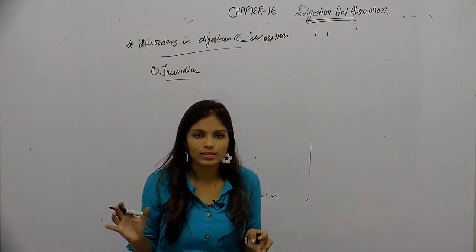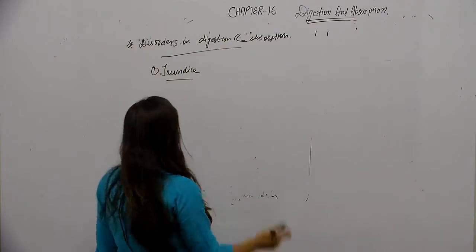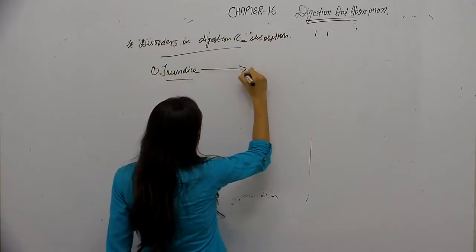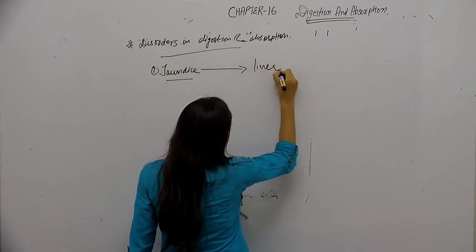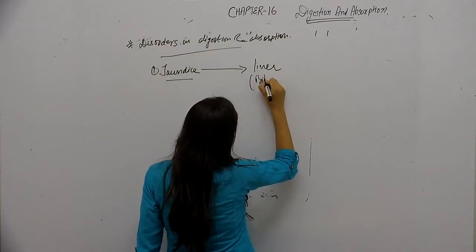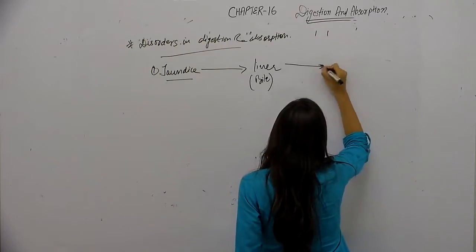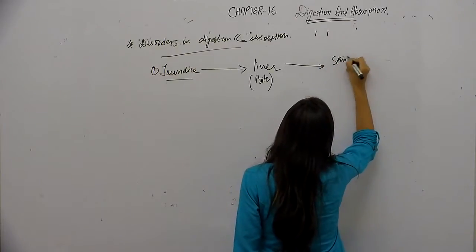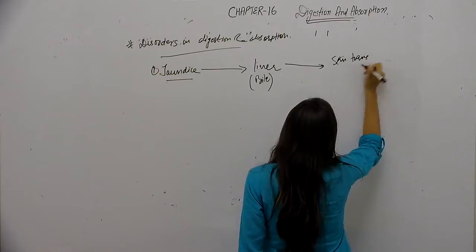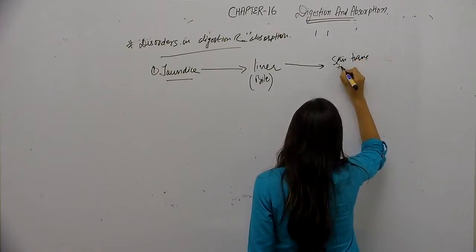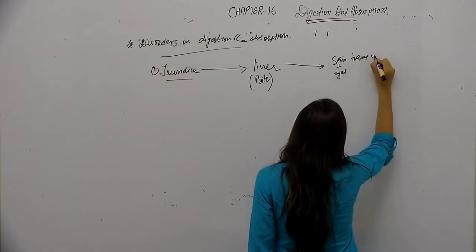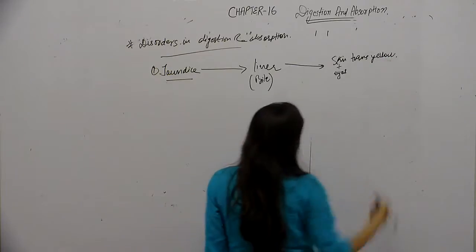Also, the eyes appear yellowish in color. So here it is due to the liver, since it secretes the bile. The skin and eyes turn yellow here.